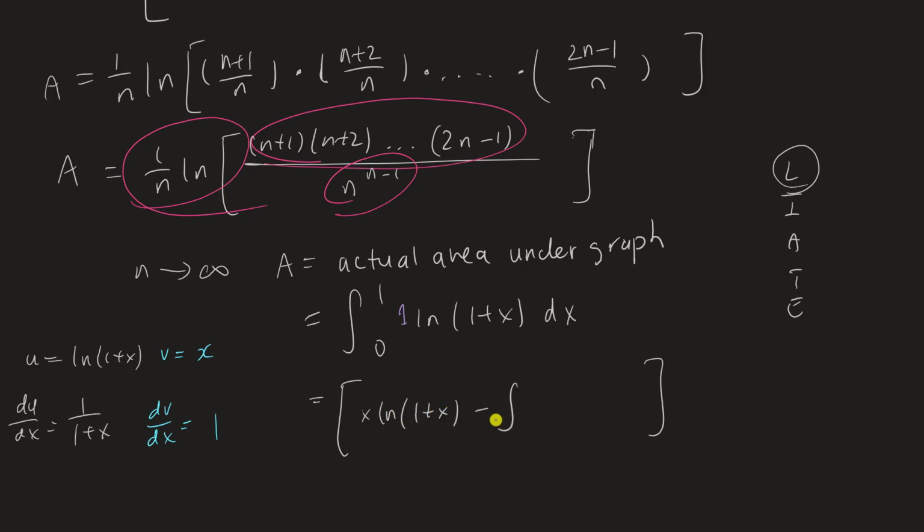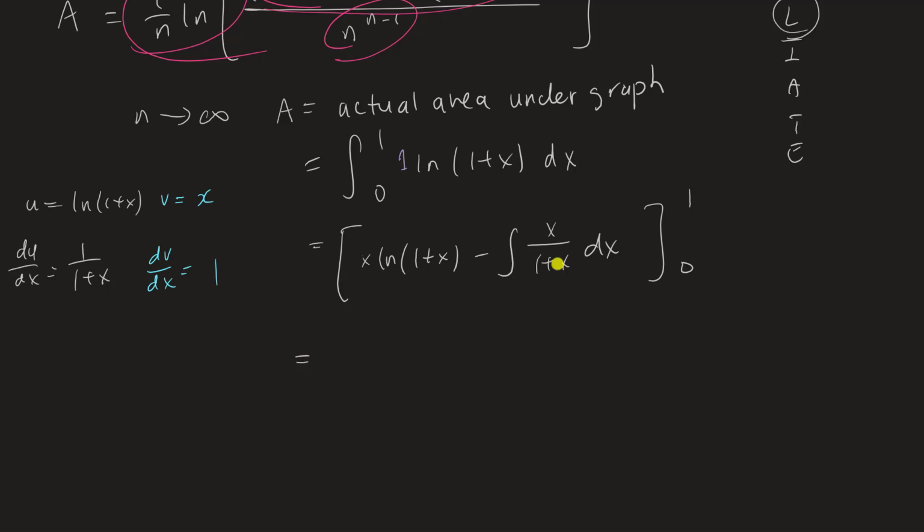minus the integral of v du, x over (1 + x) dx from 0 to 1. In order to do this one, we have to long divide it, which should give you 1 minus 1 over (1 + x).